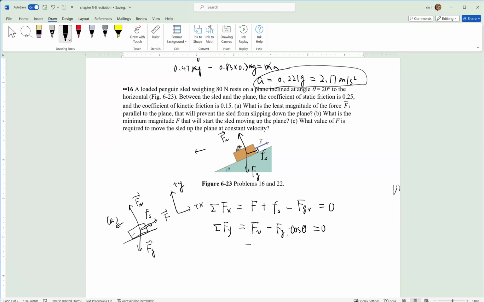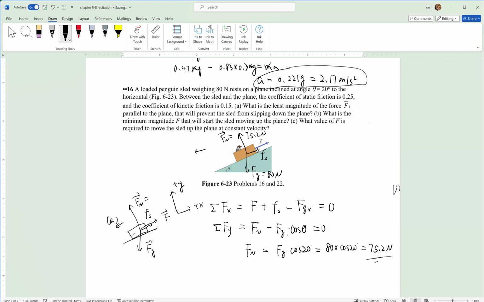So you are going to get your normal force equals Fg cosine 20, which is 80 times cosine 20, which is 75.2 Newton. So Fn is a constant in the three situations. So I'm going to write Fn equals 75.2 Newton here, and this is 80 Newton here.